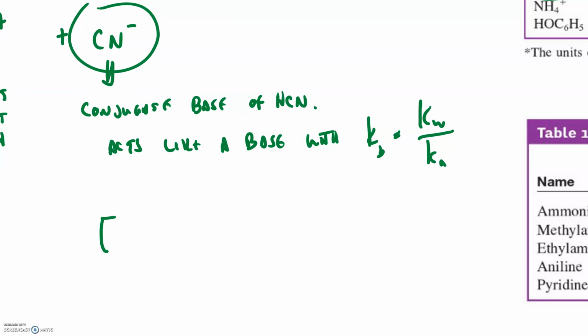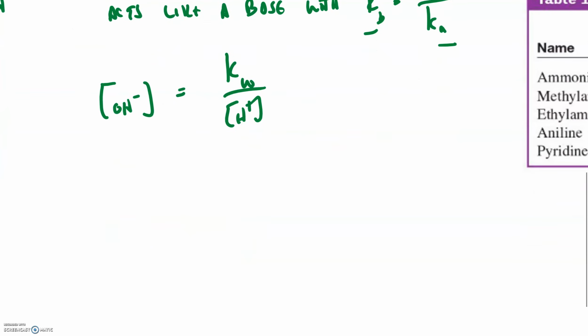If we know that a base is any solution that produces OH minus, you could find the concentration of OH minus simply by dividing Kw by the concentration of H plus. Well, where do we get this stuff from? Here and here. So if we want to find the Kb of a conjugate base, that is the conjugate of a weak acid, we could simply say Kb is equal to Kw over Ka.